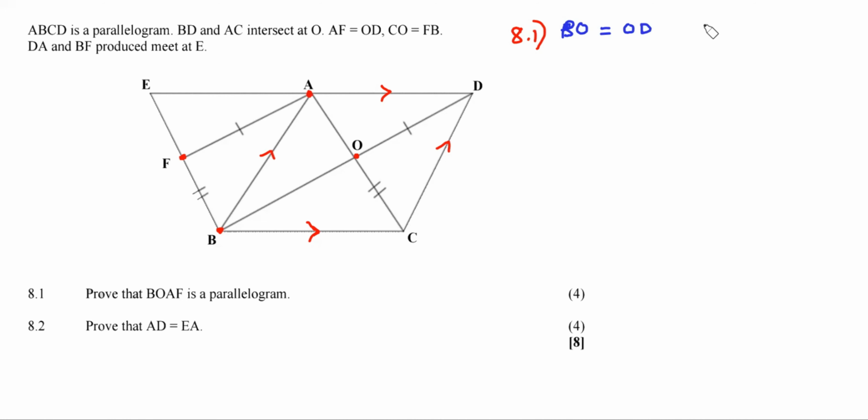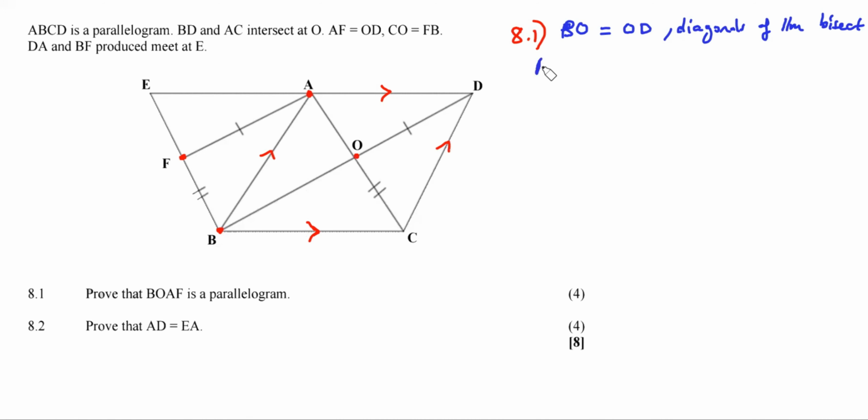BO is equal to OD. Why? Diagonals of a parallelogram bisect. We are looking at this parallelogram here, but we are finding BO.